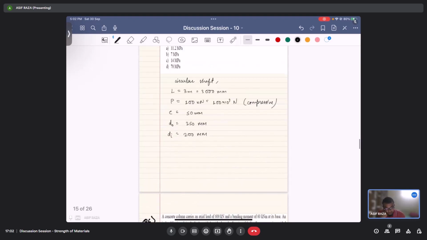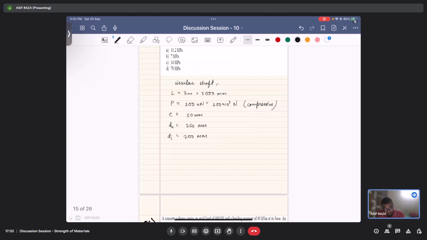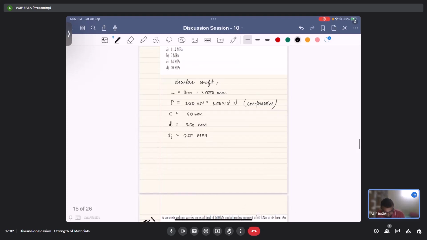Maximum compressive stress. So first thing, what would be direct stress, or rather than writing direct, just write axial stress.